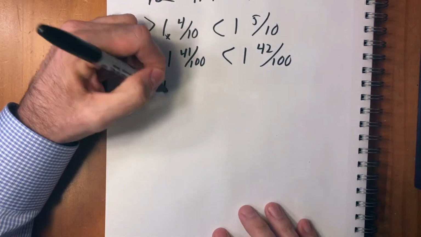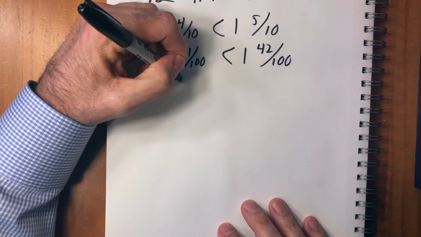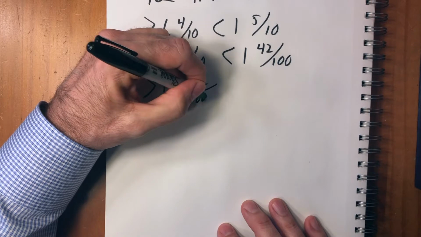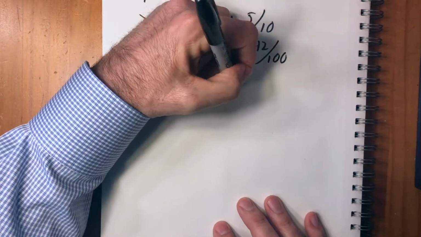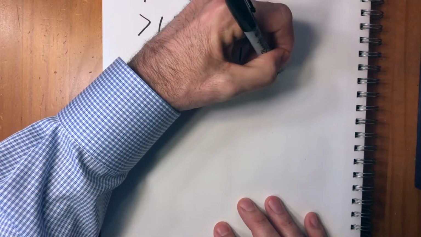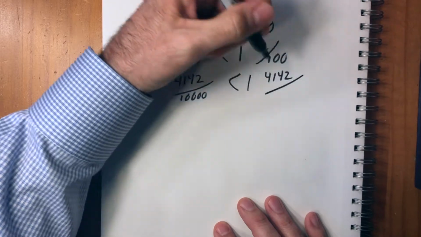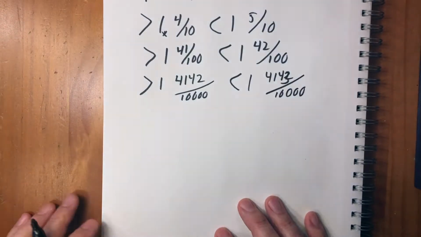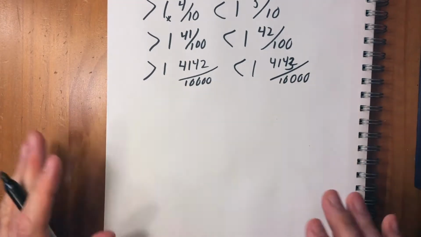It's bigger than 1 and what? 4142 over 10,000. Smaller than 1 and 43 over 10,000. So we can keep doing this literally forever.